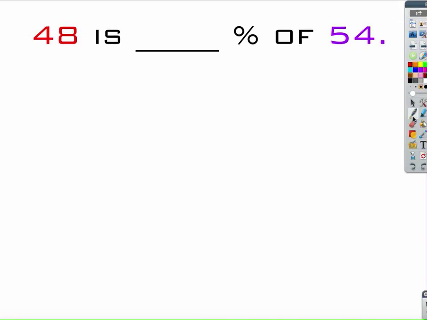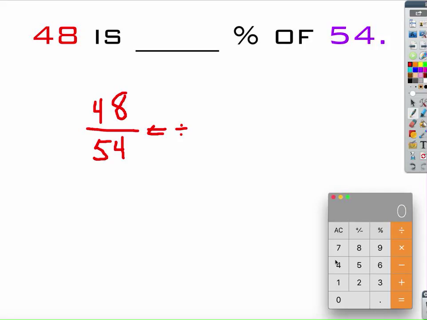We have 48 is what percent of 54? So we're going to put 48 on top, 54 on the bottom. Then we use our calculator, and just like this, this means divide. So we're going to do 48 divided by 54, and we get a big long repeating decimal like that.